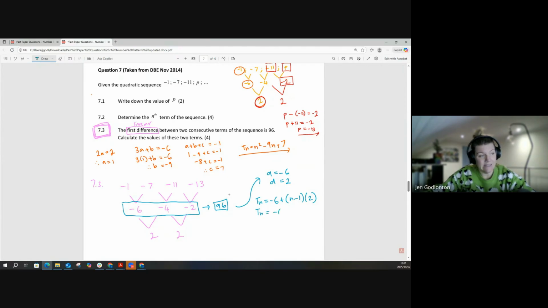Tn is equal to -6 plus 2n minus 2, which means Tn is equal to 2n minus 8. So that is the formula for the linear sequence created by our first differences. Before I say anything more, does anyone have any questions or not understand what I have just said before we dive into more?